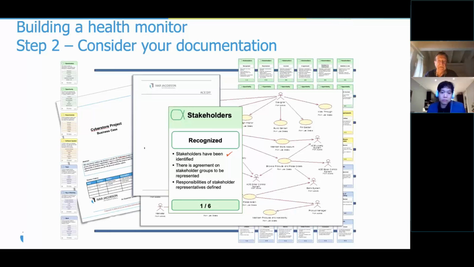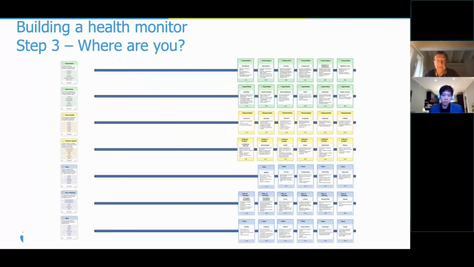Have we reached the state recognized stakeholders? Are the stakeholders recognized? Have the stakeholders been identified? Yes, we say that. There is an agreement to be represented. Yes, and responsibility of stakeholder representatives is defined. Okay, that is done. So what happens?